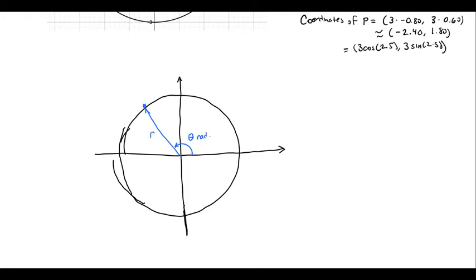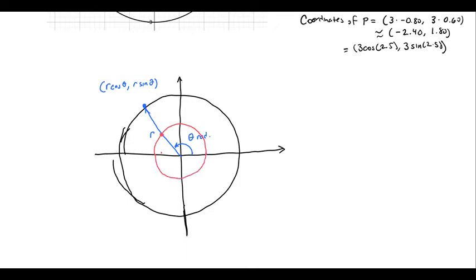And I want to know what the coordinates of this point are going to be. Well, the coordinates of that point are always going to be r times the cosine of theta, r times the sine of theta.